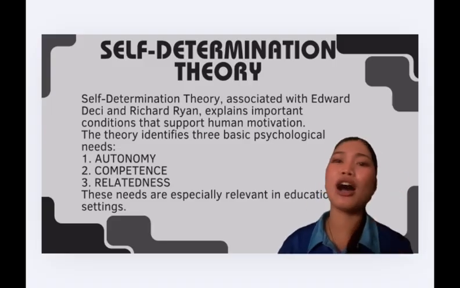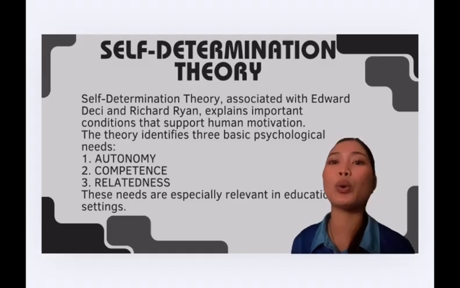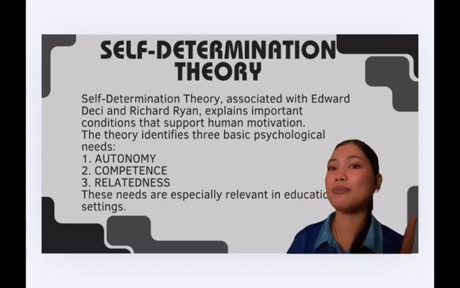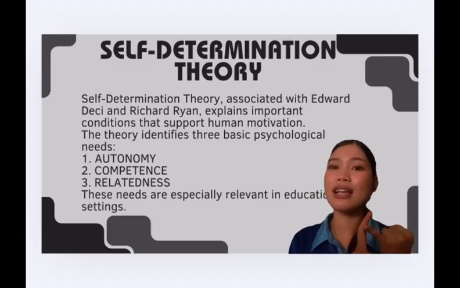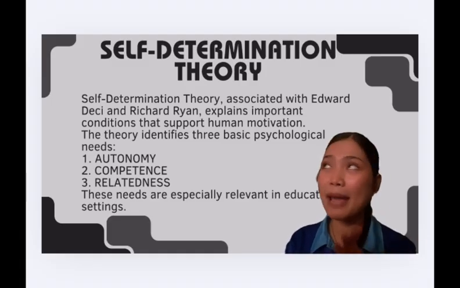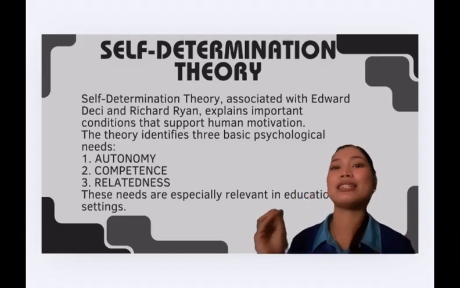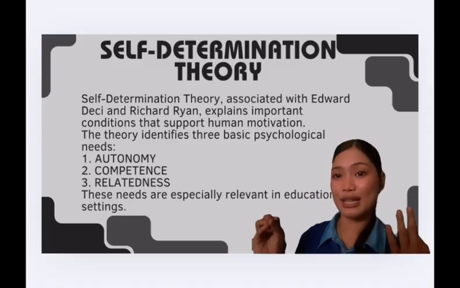These three concepts are very useful for teachers because they help us understand what learners may need in order to become more motivated and engaged. In simple terms, autonomy means I have a choice. Competence means I can do it. Relatedness means I belong here. Let us discuss each of these three needs.